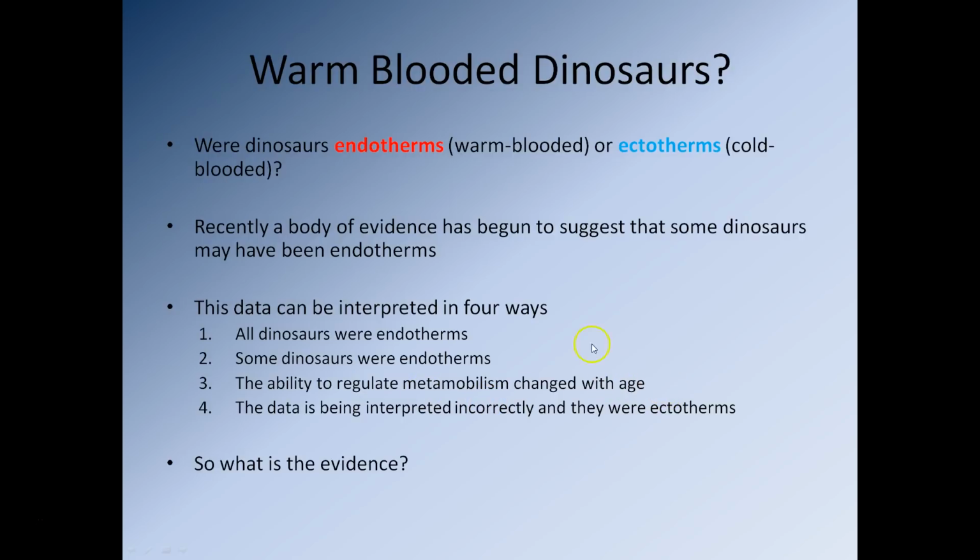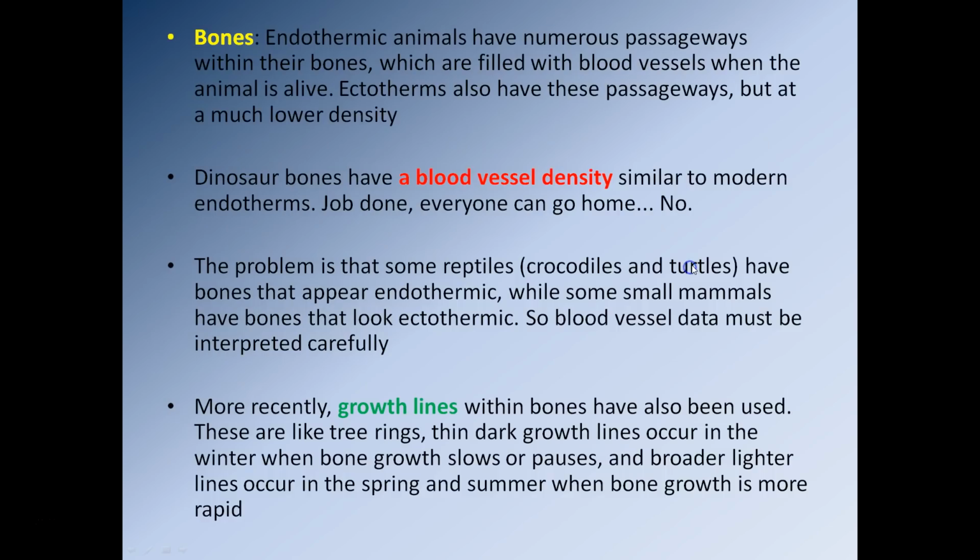So maybe young dinosaurs started off as endothermic, so they could grow very, very quickly, but as they got older and bigger, they would become ectothermic. So some people have suggested it could be some kind of change due to age. And the other possibility is, of course, the data has been interpreted incorrectly and that all dinosaurs were actually cold-blooded. Alright, so now we're going to go through the evidence.